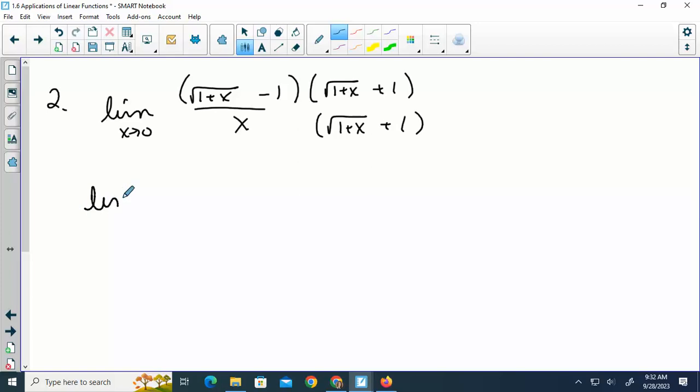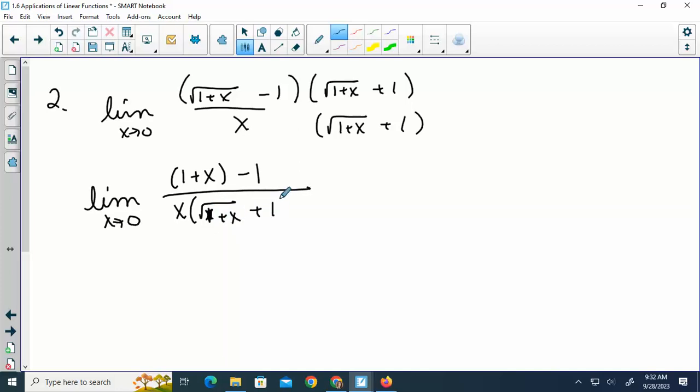Remember, you write the limit up until the step when you plug it in. So if we FOIL those, we get 1 plus x minus 1. I'm not going to FOIL on the bottom because I need that x to cancel out. That's the piece that's making it undefined. So then what happens? The 1's cancel, so we get x over this.